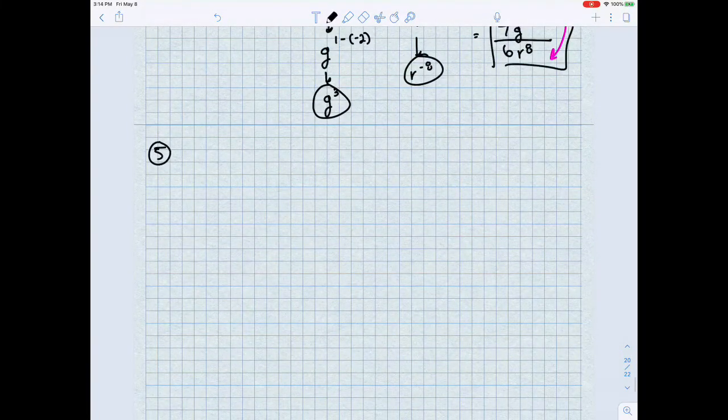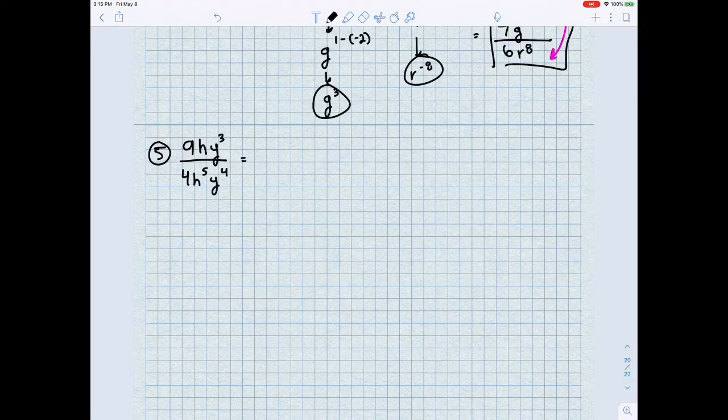So with that, let's take a look at another example. Let's take a look at 9hy cubed over 4h to the 5th y to the 4th.